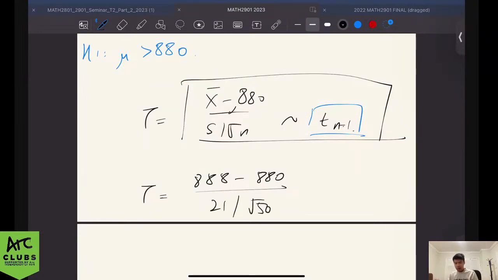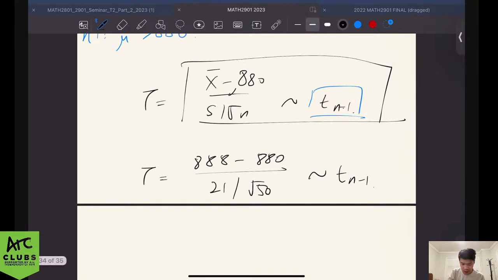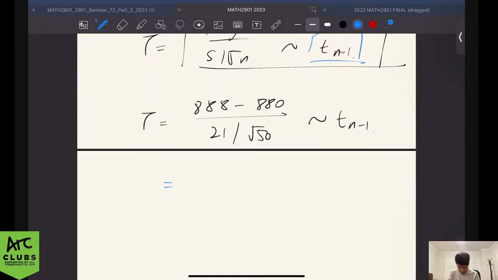What you're saying is that if the null was true, then this should be t distributed. So what number is this? I'll get my calculator out.